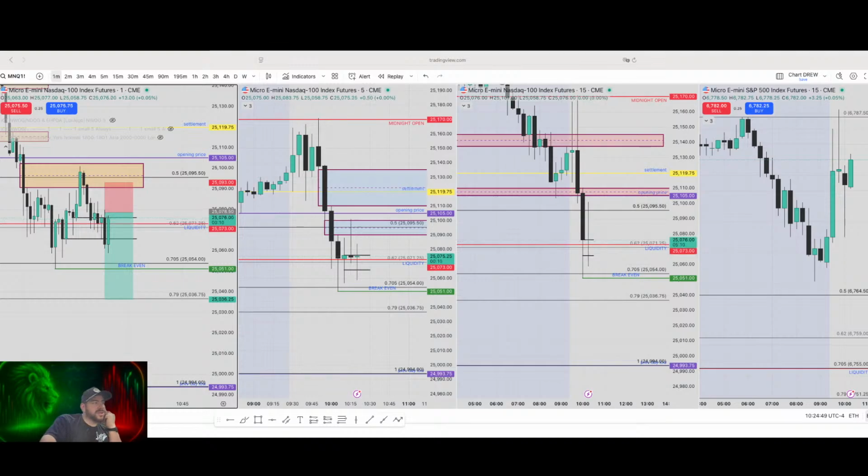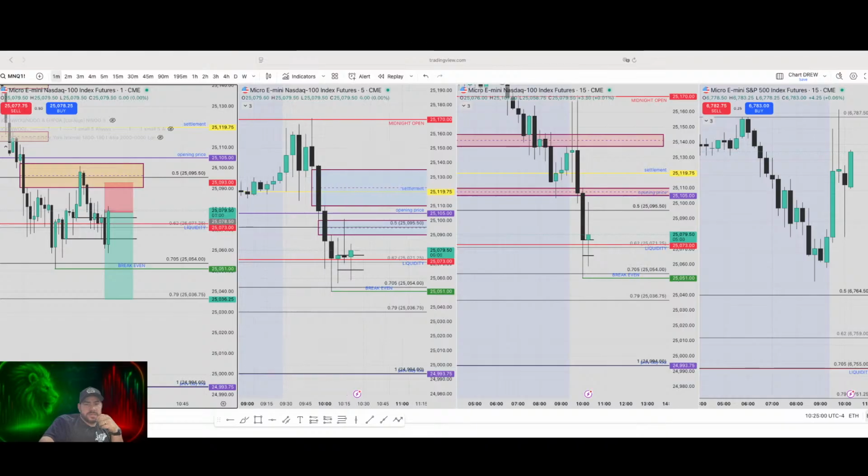If it wants to go up, let it go up. But we'll see. I like this setup. I think it has potential to go a lot lower. We manage our risk. We're good, and let's get it.